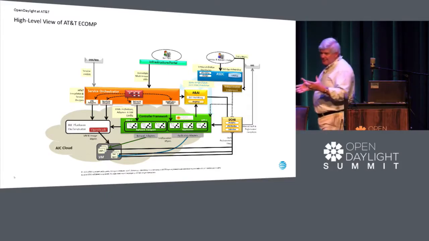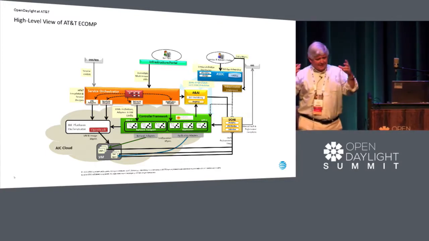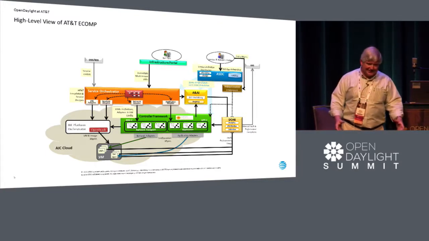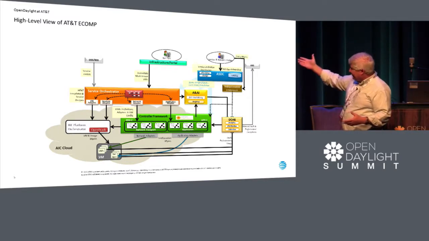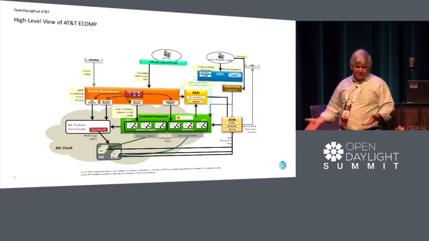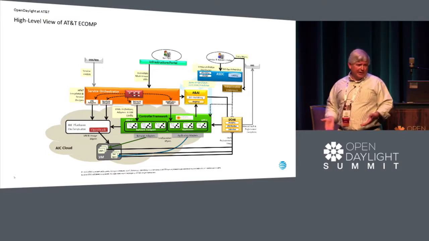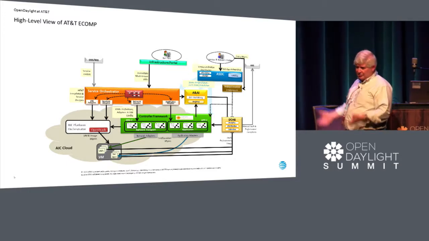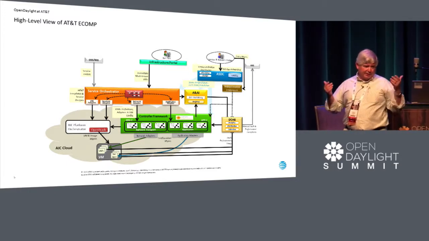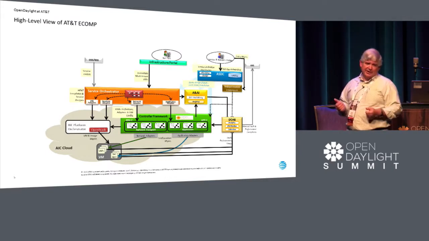Overall ECOMP architecture, just to frame everybody, if it's a Brian Freeman presentation, a green box is a controller. So for us, on the left-hand side, under network and transport, there's an SDN controller, and also the APP-C as an SDN controller. Both are ODL-based, both run the service logic interpreter, both run directed graphs, both map service to network to device.